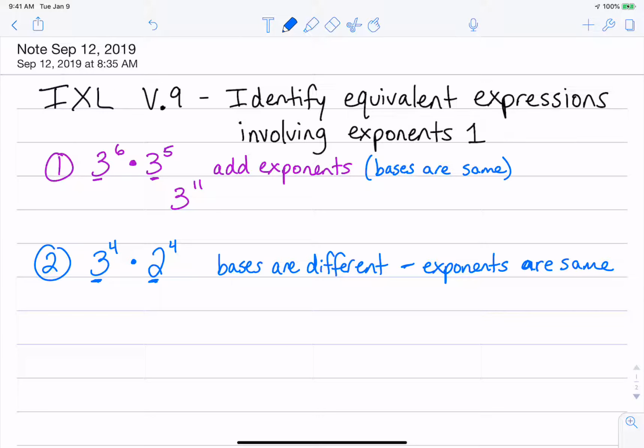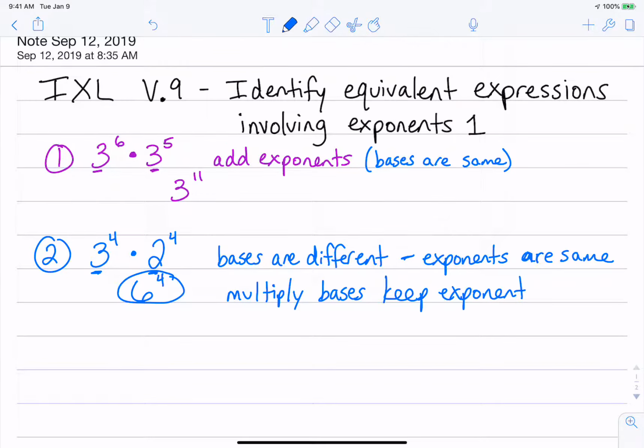Okay, so here we would just multiply our bases and keep the exponent. So we would do 3 times 2, which is 6, keep the power of 4. So that would be our answer, 6 to the 4th.